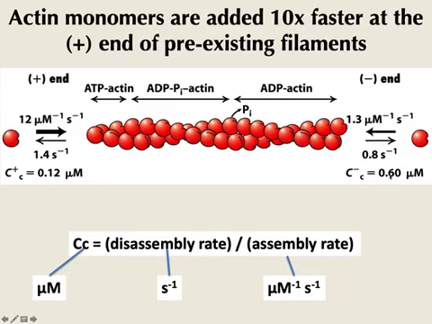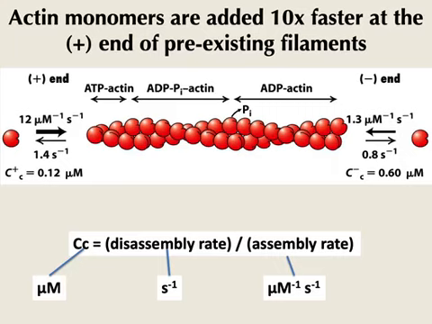So what does that mean? That means that at the plus end, the concentration of monomers in the solution just has to be above 0.12 micromolar for polymerization to happen. Whereas on the negative end, you have to have a concentration above 0.60.